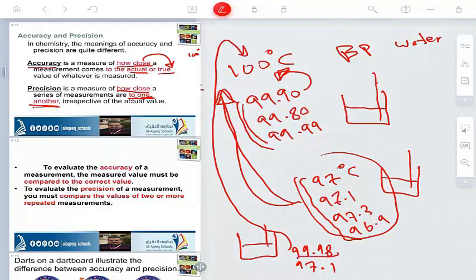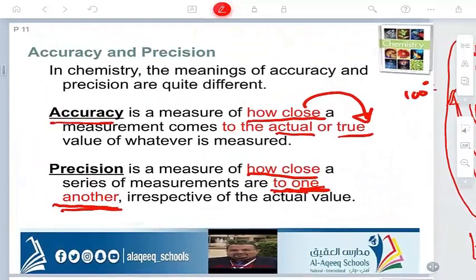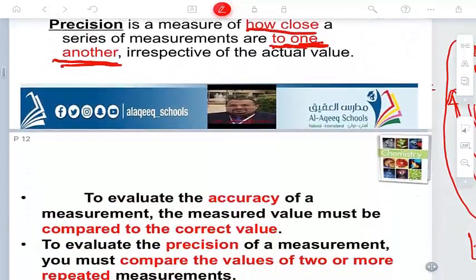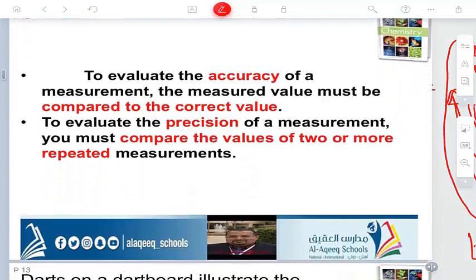It means the first one has accuracy, yes, but both of them are not precise. Why? Because they are not close to each other. Not close, 99 and 97. So they have poor precision. But the first one has good accuracy. You understand? I think you understand. It's easy, and you'll understand more if you see that.